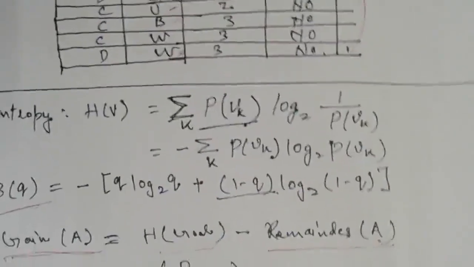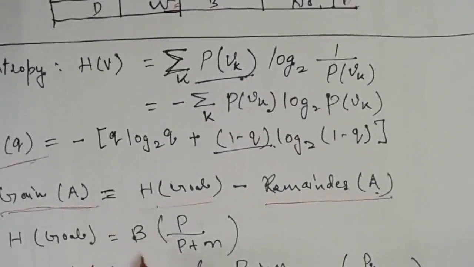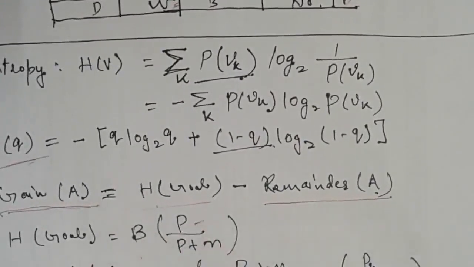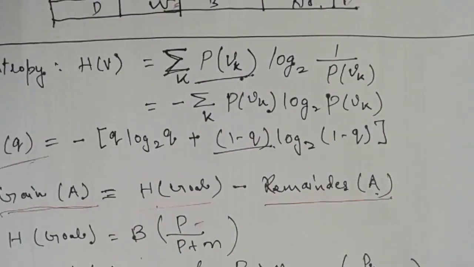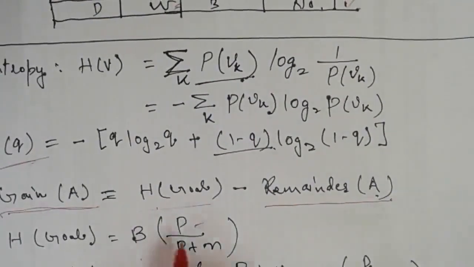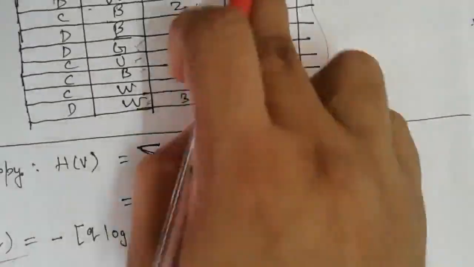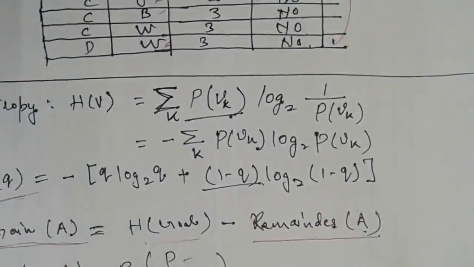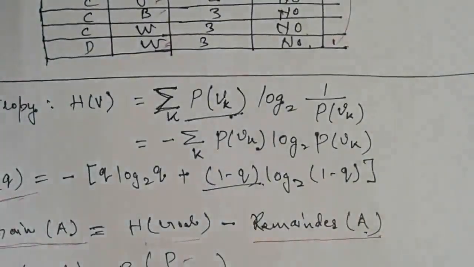So H goal is simply B of P upon P plus N, where P is the number of positive values, we can say positive, negative or whatever. Suppose P is the number of yes values, what we are deciding is whether it is edible or not.